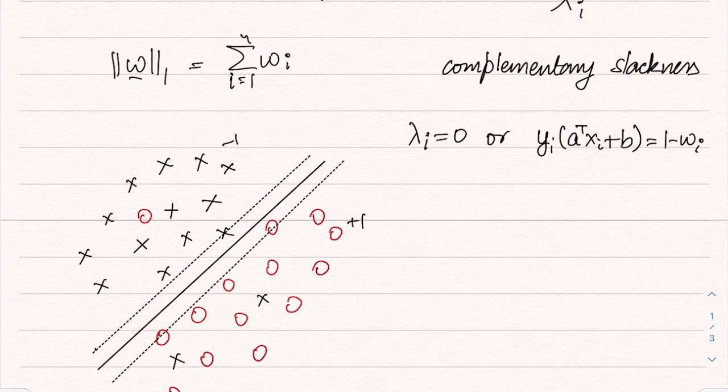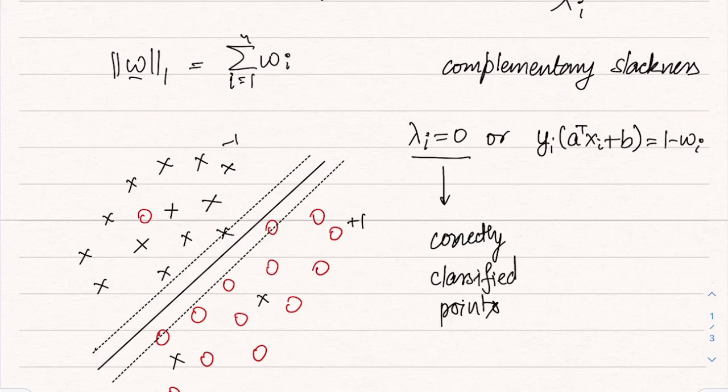Generally, the set of points for which lambda i is equal to 0 are the correctly classified points. So these are all the points which are inside the boundary, such as this one, which are correctly classified and well inside the boundary.